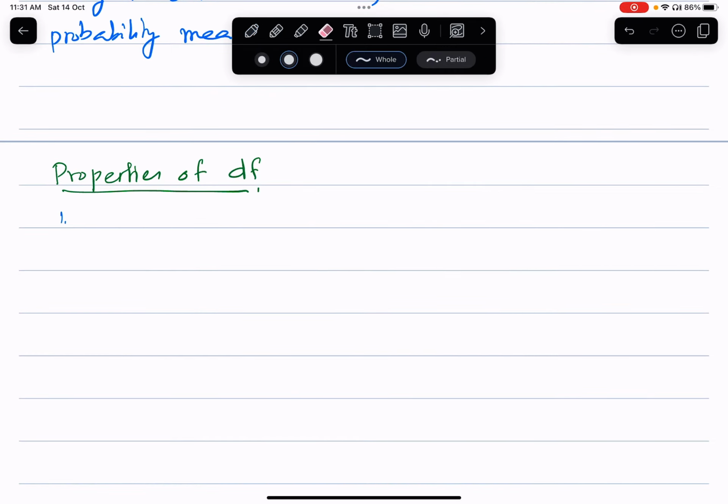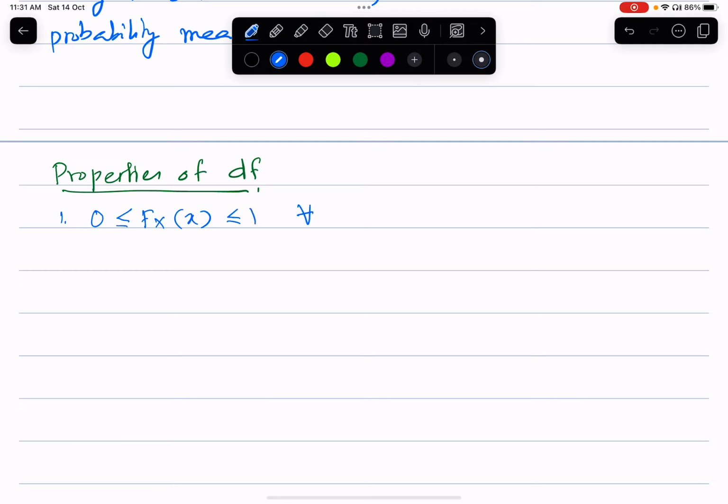The first thing is that the distribution function lies between 0 and 1 for any x. We know that x can belong to the real line, right? For any x in the real line, the value of the distribution function always lies between 0 and 1.